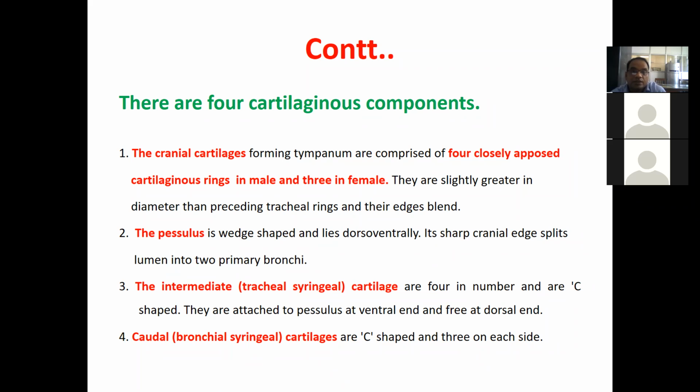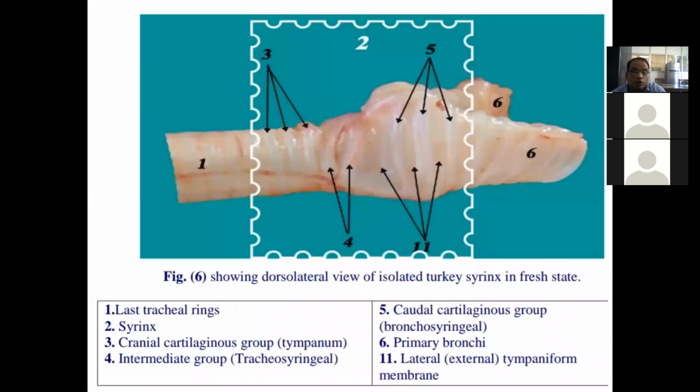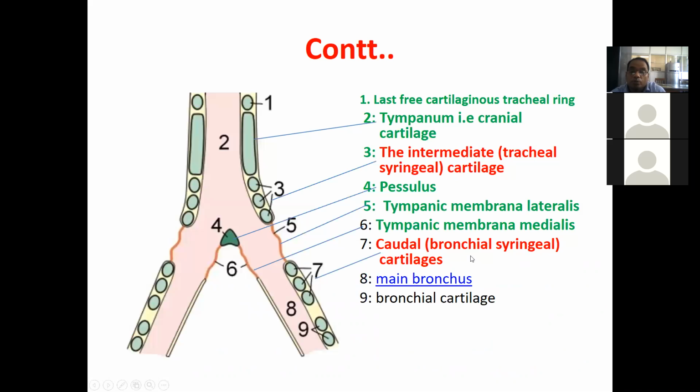Another cartilage, that is the caudal cartilage, that is also called the bronchial syringeal cartilage. This one. This is the caudal cartilage, bronchial syringeal cartilage, or you can say the caudal cartilage.